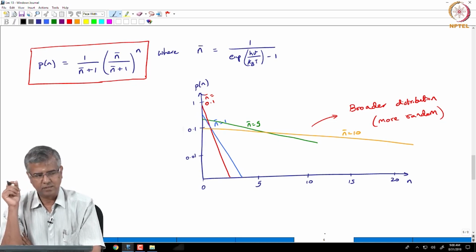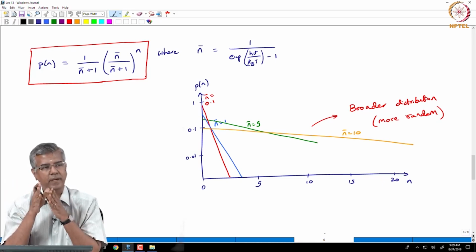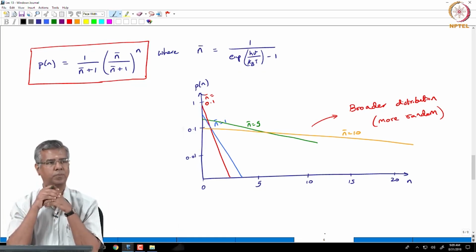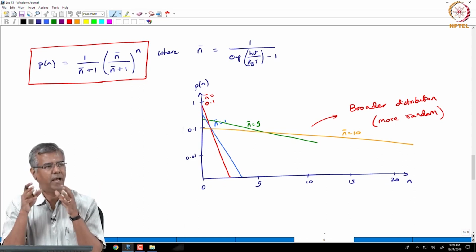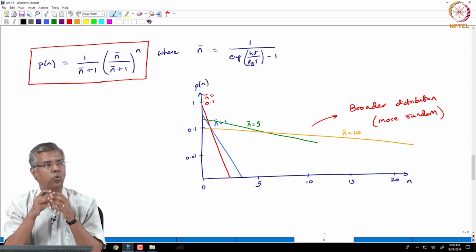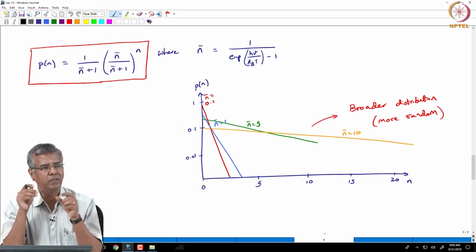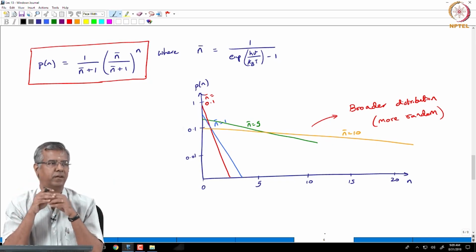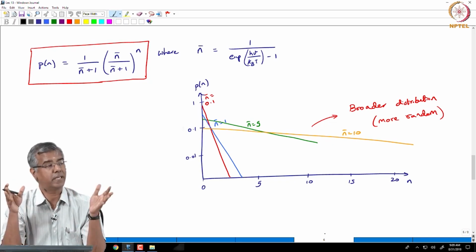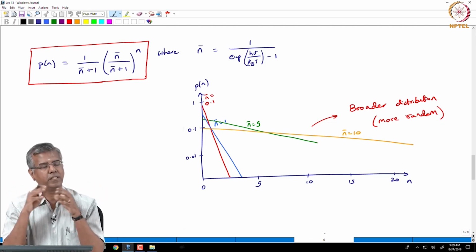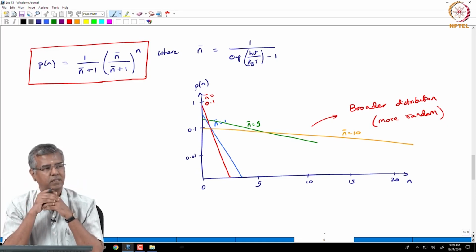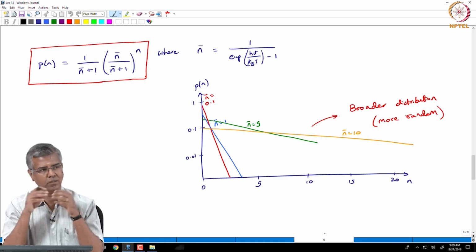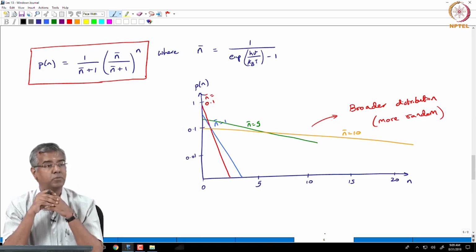Just think of it like this. I was saying that if you go to a really small time scale, you'll find this probability distribution. But what if you try to average over multiple time slots? If you don't look at the nanosecond level, you look at the microsecond level or millisecond level, in which case you are averaging the number of photons that you find over that entire time scale.